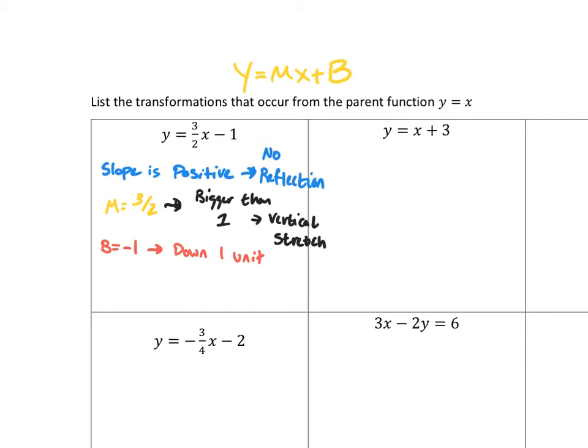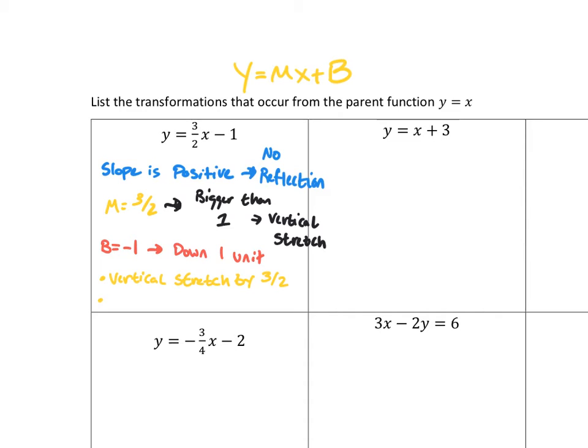So, I've listed all that, but here's all you would really have to write. That's what goes through my mind. Here is the information that needs to be written down. Y'all with me? Looking at this, I would just say, okay, it's got a vertical stretch by 3/2. But again, the reason I knew it was a vertical stretch is it's bigger than 1.